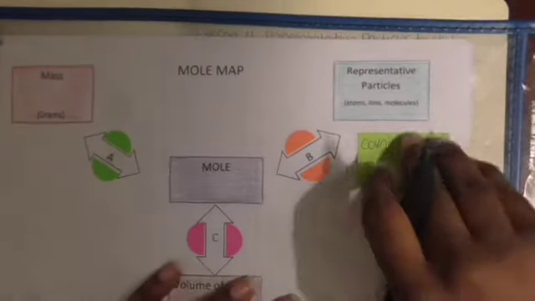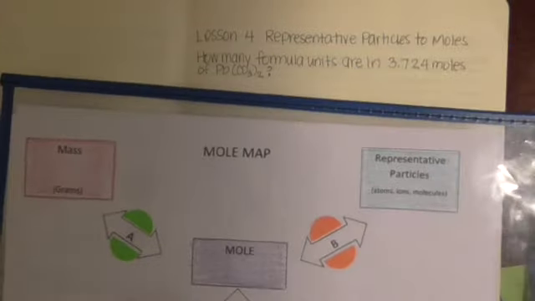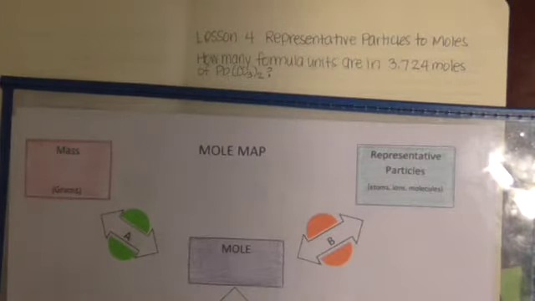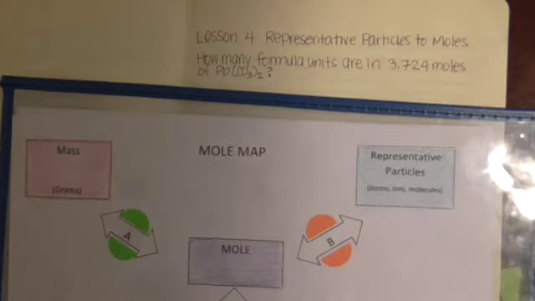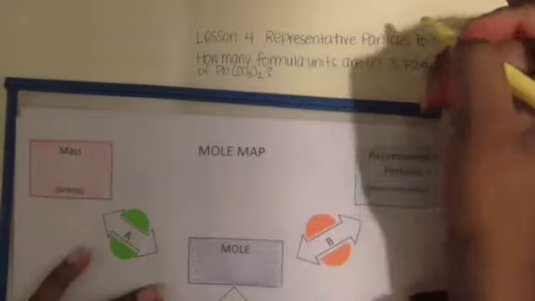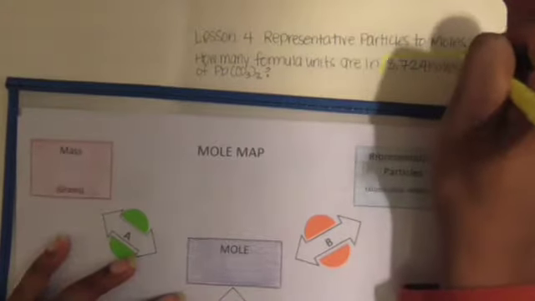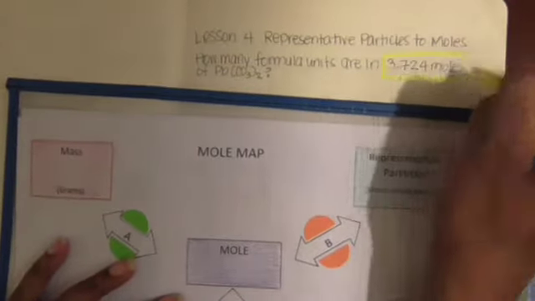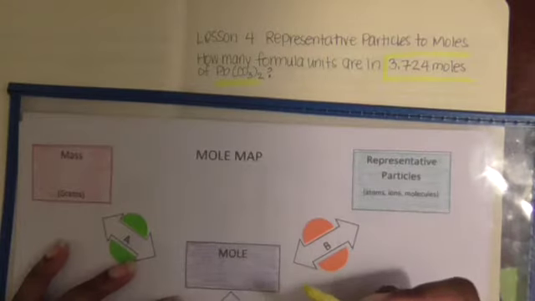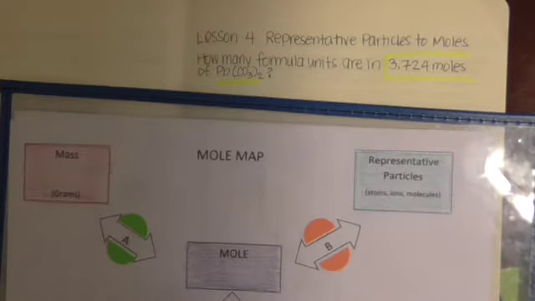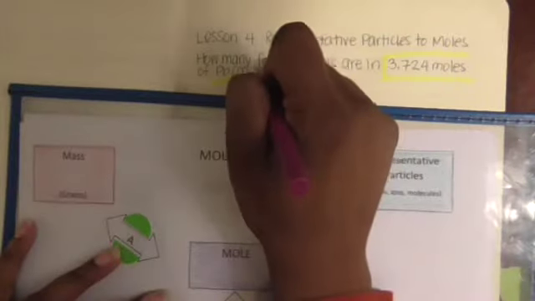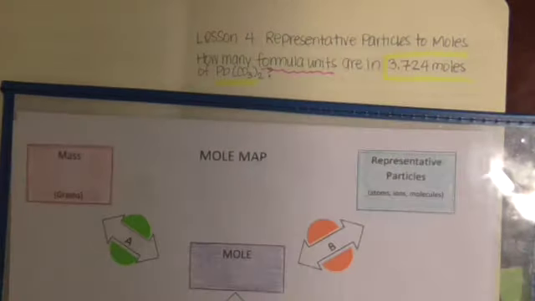All right, so the problem that we're working on today: how many formula units are in 3.724 moles of lead carbonate, lead(IV) carbonate? Again, we're using the same substance just because it makes it easier, but we want to first talk about what we know. We know that we have this many moles of this substance. That's our known, and we are trying to find the number of formula units.